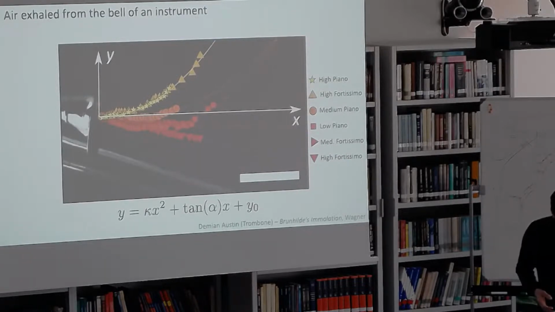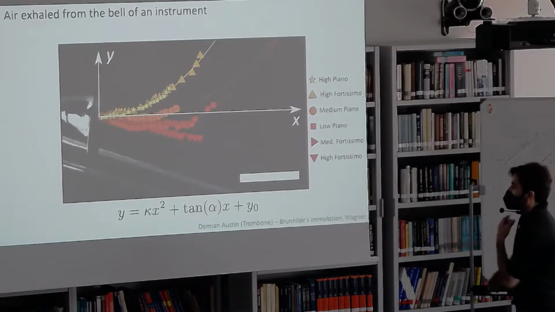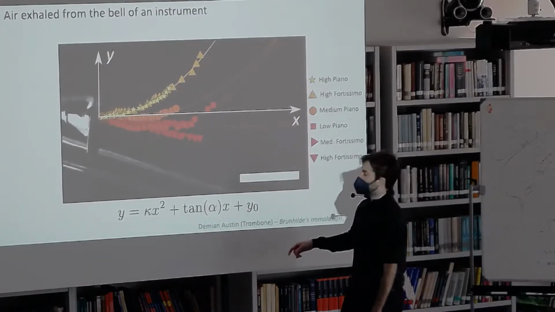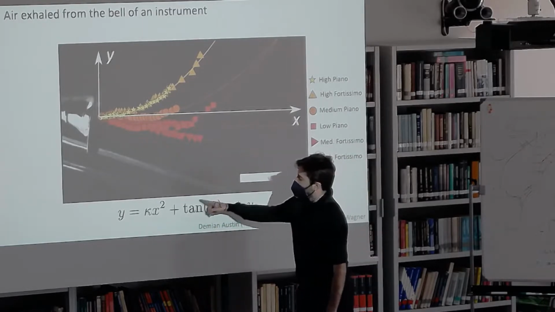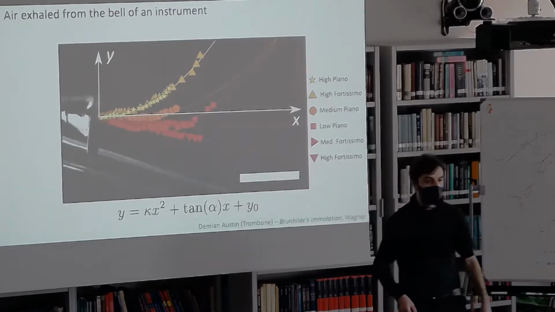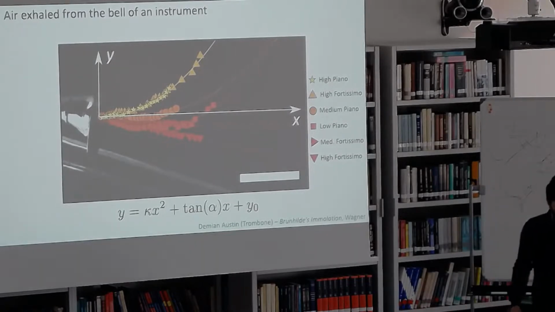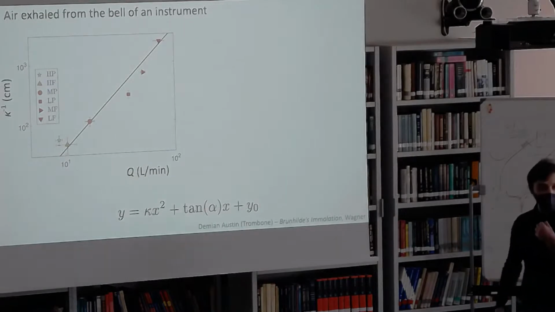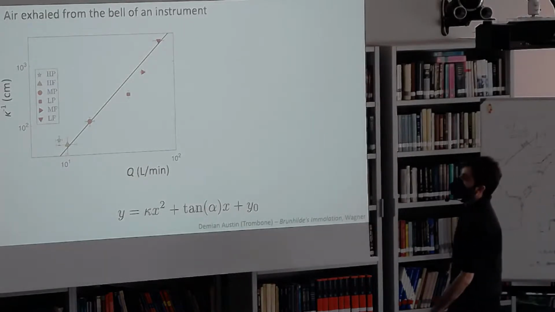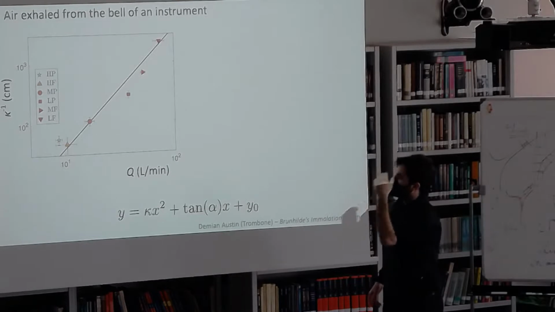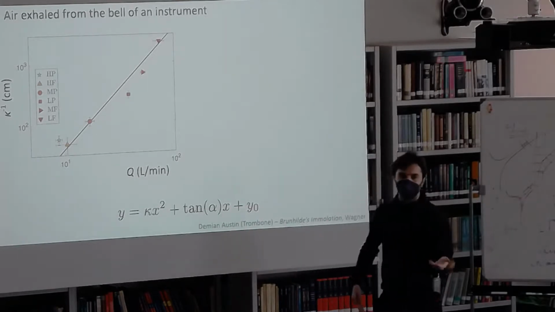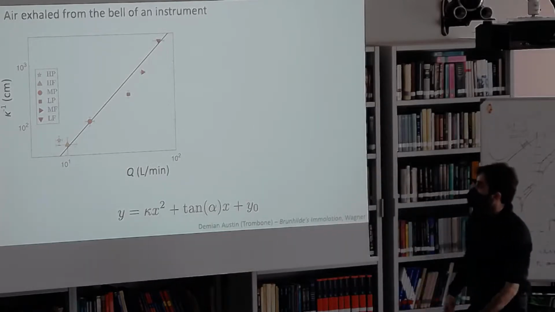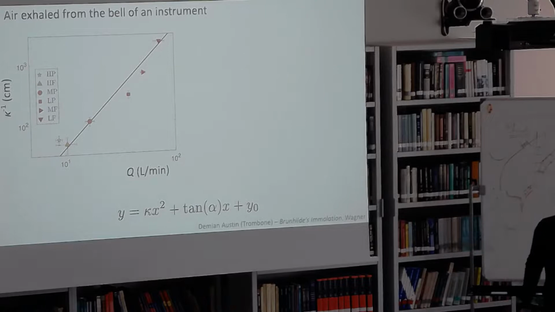And why is it parabolic? It's just the fact that you have a correction here for the origin of the jet. You have the angle of inclination of the trombone and of the jet then. But you also have a radius of curvature, which is the most important thing. That radius of curvature, plotted as a function of the flow rate that you can also measure with the flow meter, tends to evolve quadratically with the flow rate.